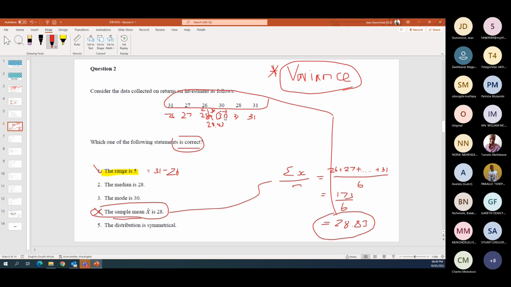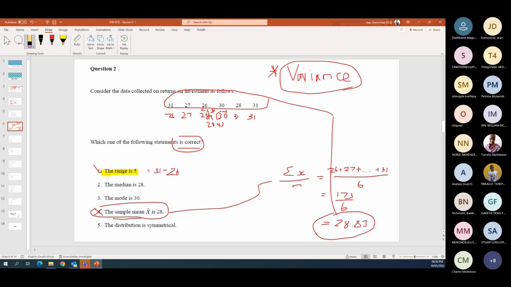Yes. Hi, Jean. So it will be, seeing that in the entire sample we have 6 numbers, then we're going to take the 2 which are in the middle. We add them up together, and then we divide by 2. So that's how we come up with the median.